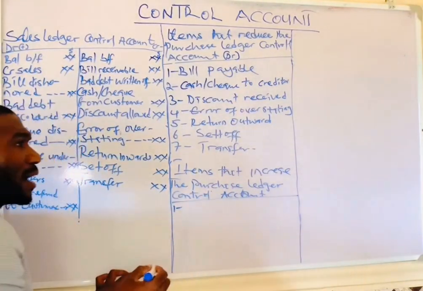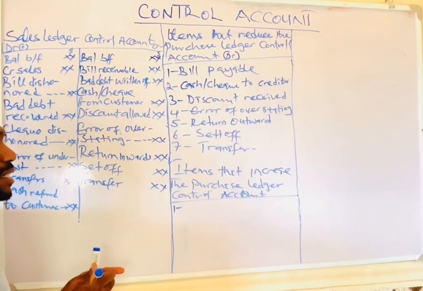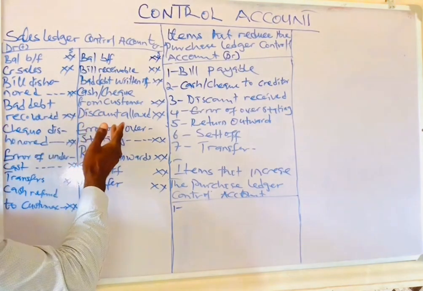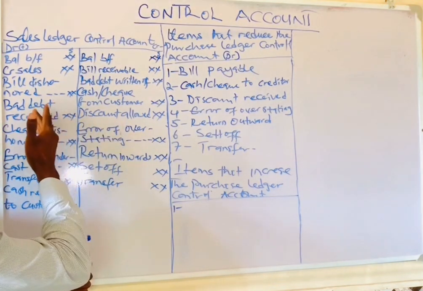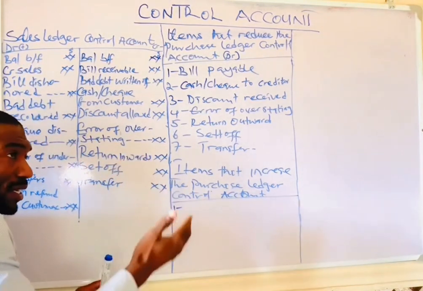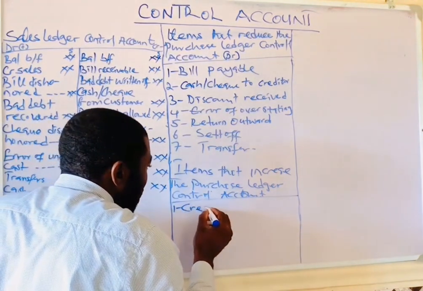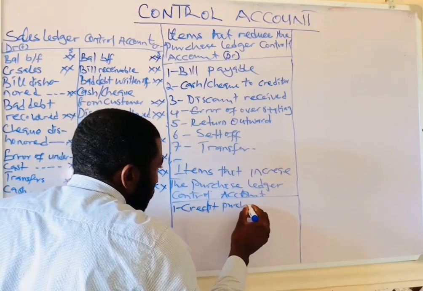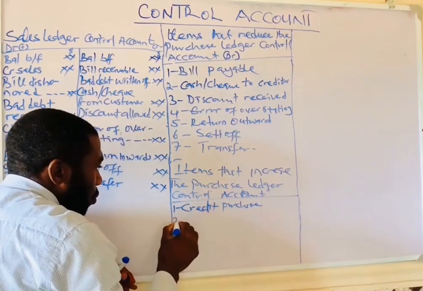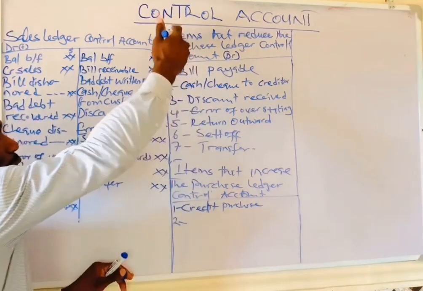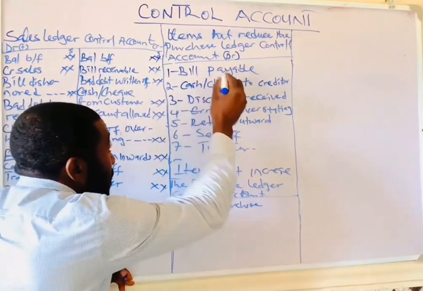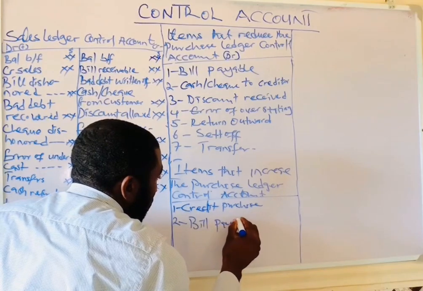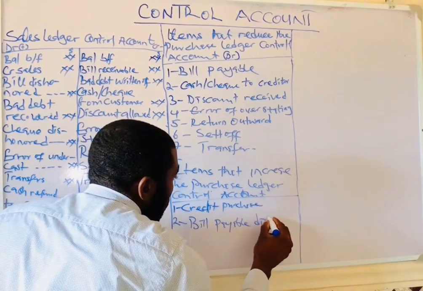If there is another credit purchase, you say credit purchase. 2. Then the opposite of all these items. Bills payable dishonored.